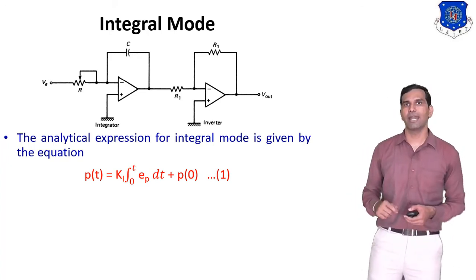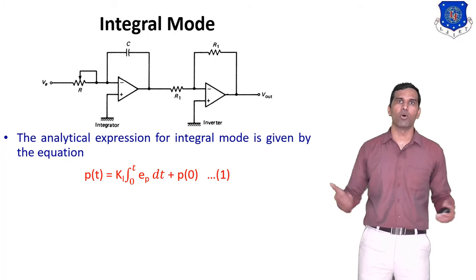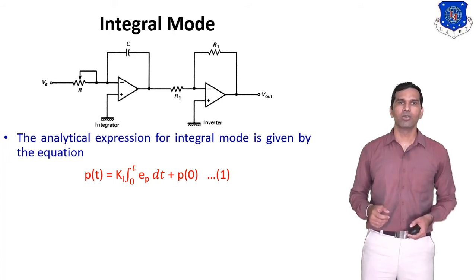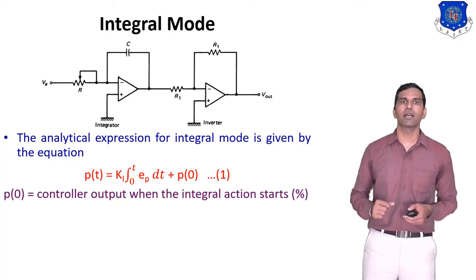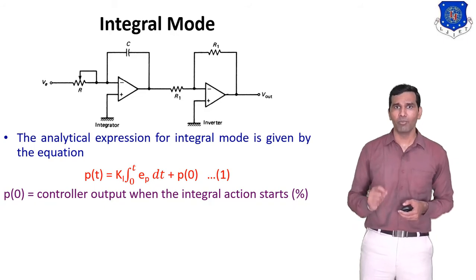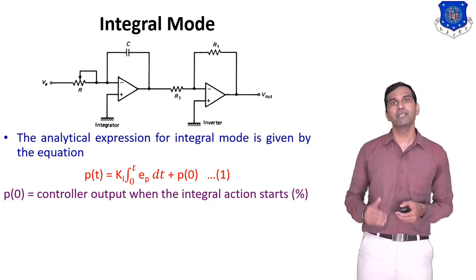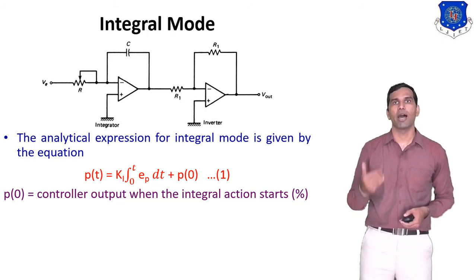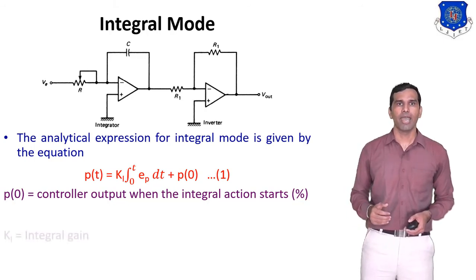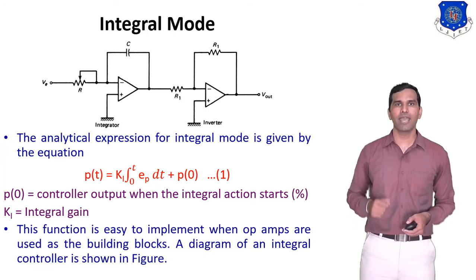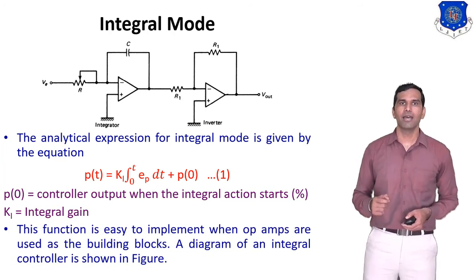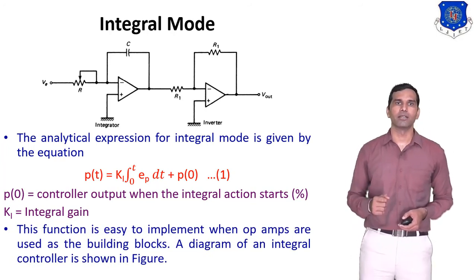We know this is the analytical equation for the integral mode. Here P0 indicates the controller output when the integral action starts, that is the initial value of the controller output. Ki is the integral gain, and Ep indicates the error.